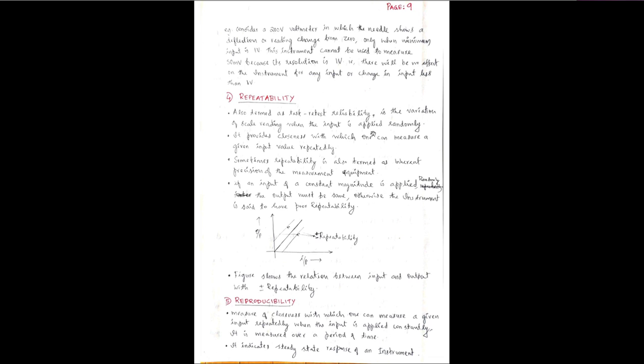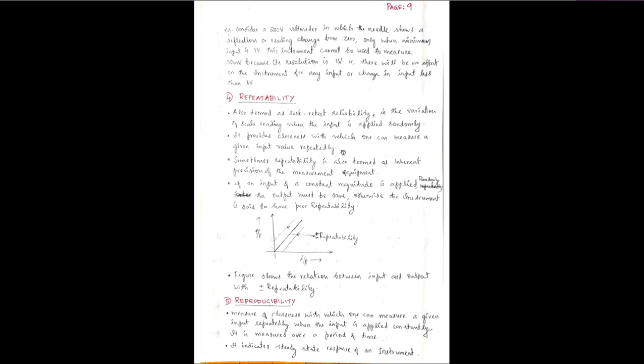When we measure a given input value repeatedly, how much closeness it provides, that is repeatability. Sometimes repeatability is also termed as the inherent precision of the measuring equipment. It is somewhat related to precision.